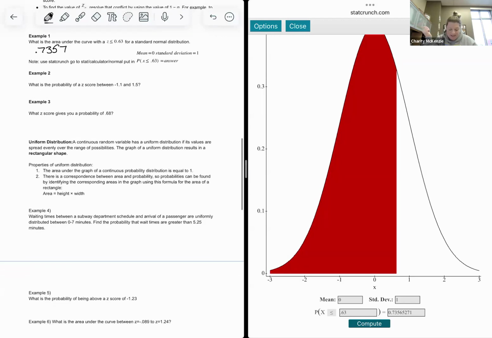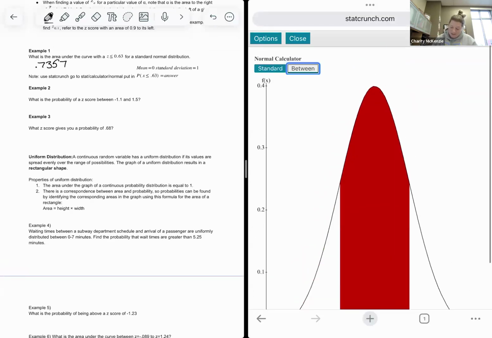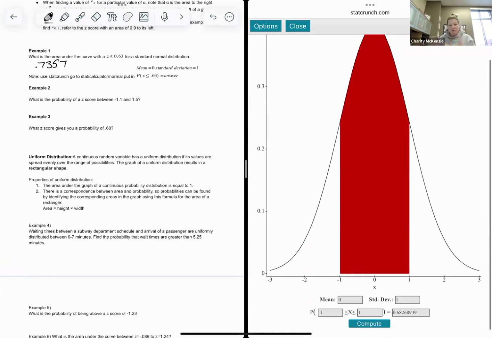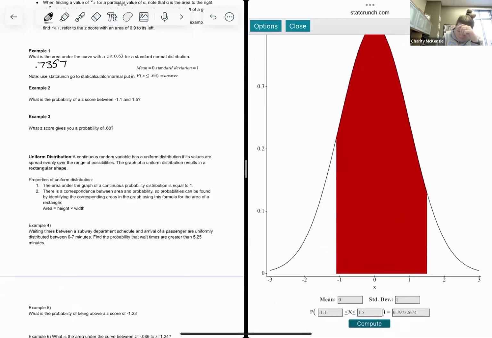Number 2 here says, what's the probability of a z-score between two numbers? If I go up here to the top, I can hit between, and that will allow me to go between two numbers. I still have the 0 and the 1, and it's negative 1.1 and then 1.5, and compute. The probability of this one is 0.7975.